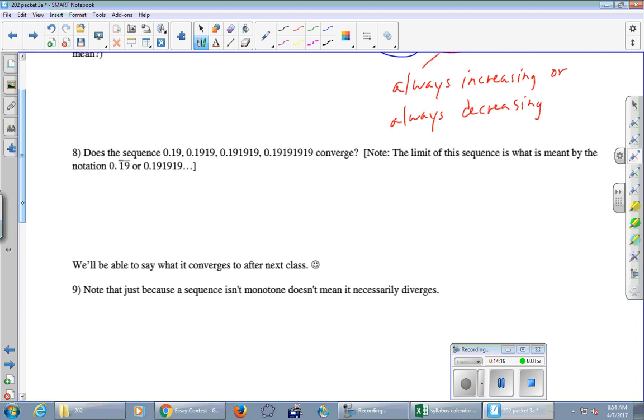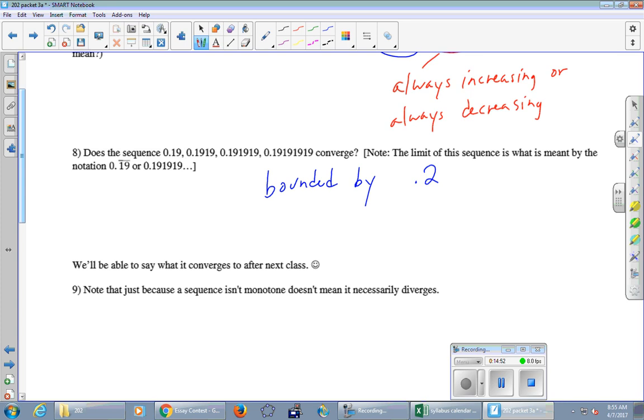So for example, the sequence here, 0.19, that's the first term. 0.1919, that's the second term. 0.191919, that's the third term. That sequence right there, I want to know whether it converges or diverges. Well, is it bounded? Give me a number that's for sure bigger than all of these guys. All of them forever. How much? 0.2. You guys are pretty stingy with your bound. 7 is also an okay bound. Right? But definitely it is never bigger than 0.2. I agree.